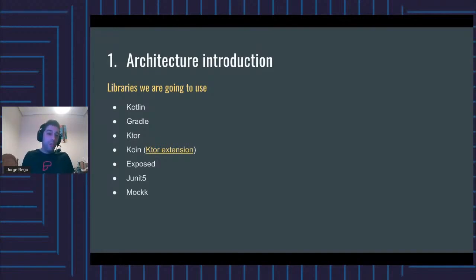Actually, we will use the Koin Ktor extension, a specific extension for Ktor that integrates pretty well with it. Also, we will use Exposed for connecting to the database. And in testing, we will use JUnit 5 and MockK, and maybe some assertion library that's not really important to mention here, just to make the assertions.